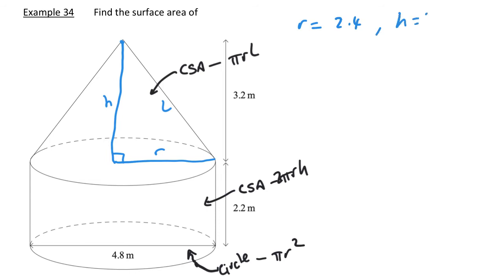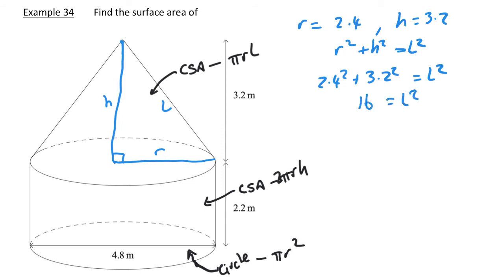The height is 3.2, so using R squared plus H squared equals L squared, we've got 2.4 squared plus 3.2 squared equals L squared. So 16 equals L squared, so L then must equal 4.